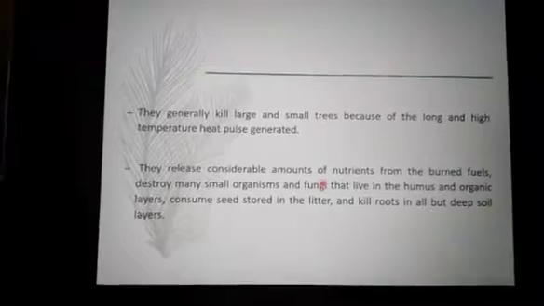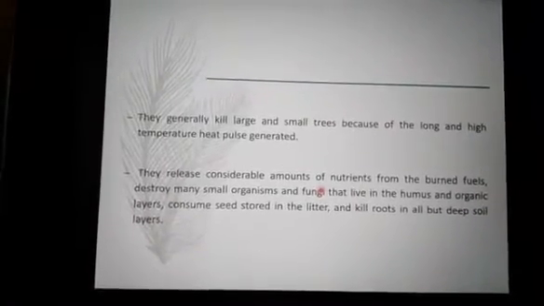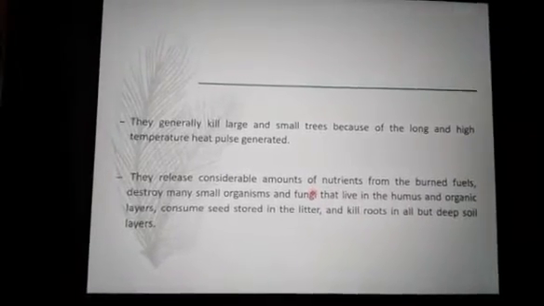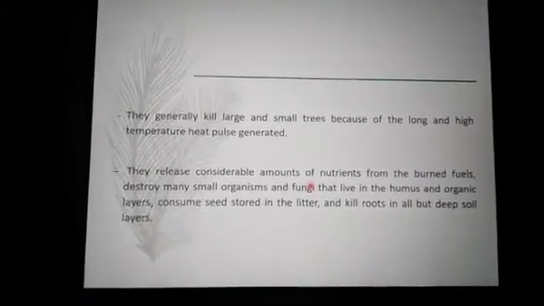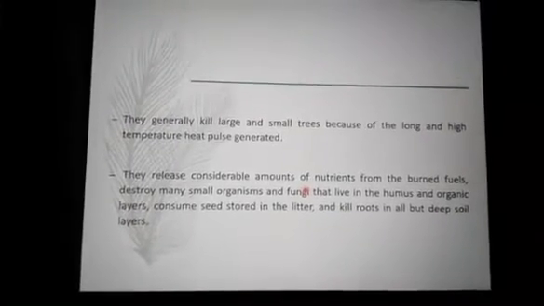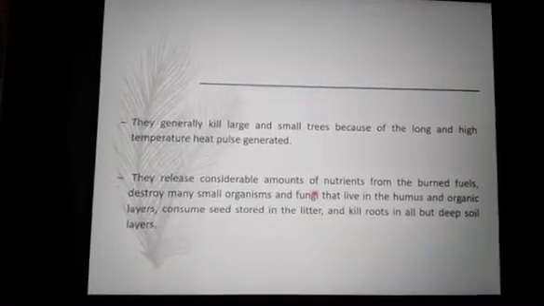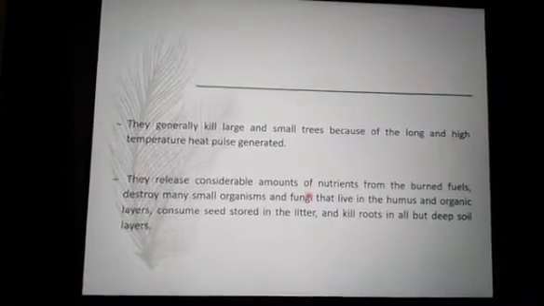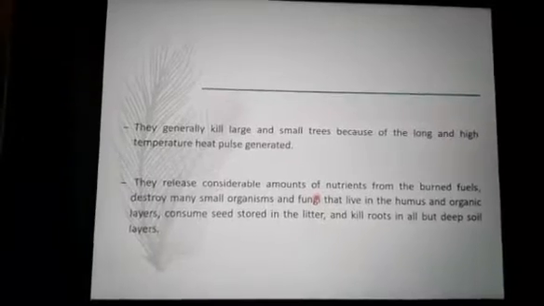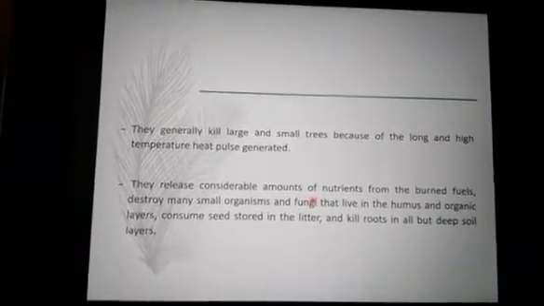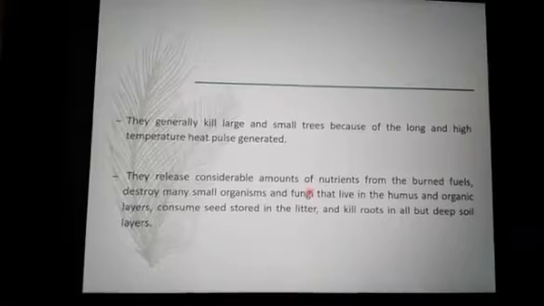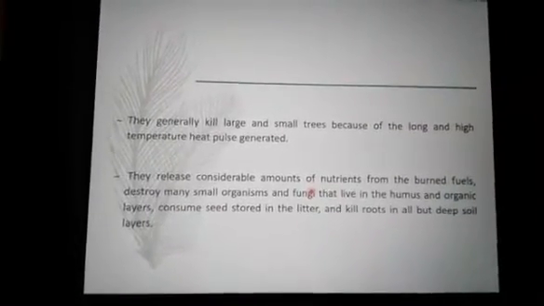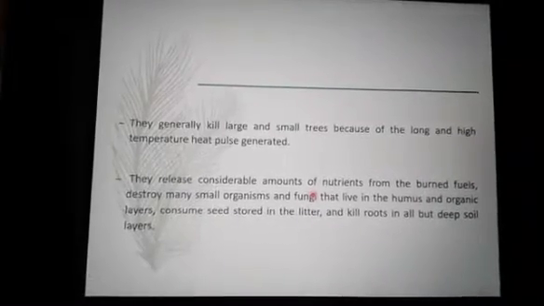So ecosystems such as your grasslands and the savanna ecosystems are seen to be controlled or managed using the surface fire, because what we do is reduce the fuel load such that the fire which will be applied will be of low intensity, which means it will only burn the upper surfaces. And also there will be people who are going to be watching the spread of such a fire.